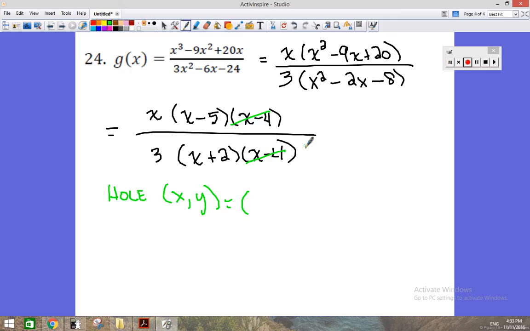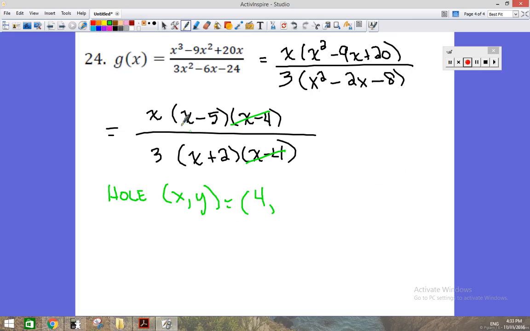Set the expression that canceled equal to 0 and solve for x. x minus 4 equals 0. Add 4 to both sides, and x is 4. To determine the y-coordinate for this hole, you plug x equals 4 into the function, but not the original function, into the reduced form after we've canceled out this x minus 4.